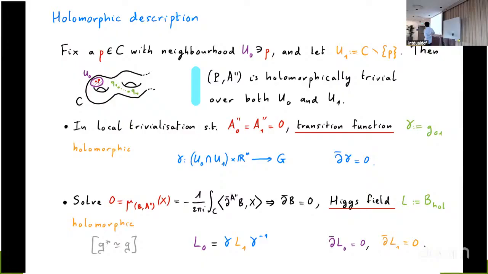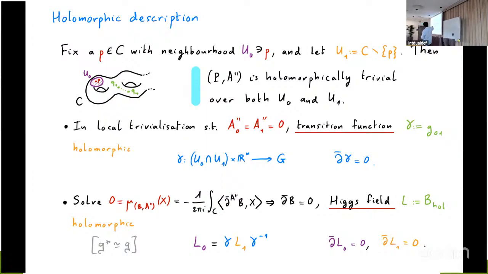So I want to pass to an actual holomorphic description of holomorphic bundles, rather than using smooth things. The key is to realize that you can describe a holomorphic principal bundle using just two patches. You can pick a point P on the curve and a small open neighborhood around this point, and then you take the complementary open to be the curve minus that point.